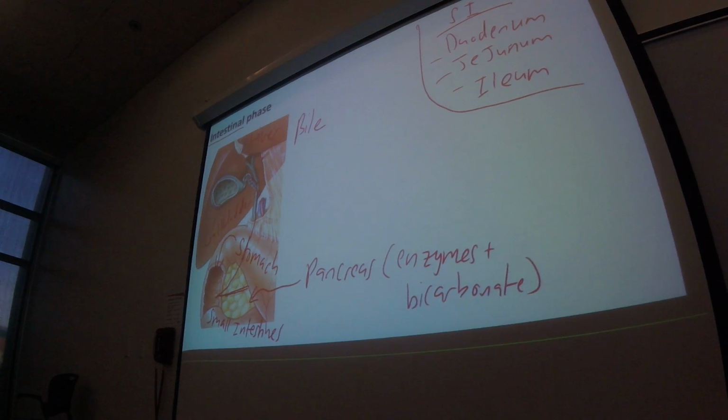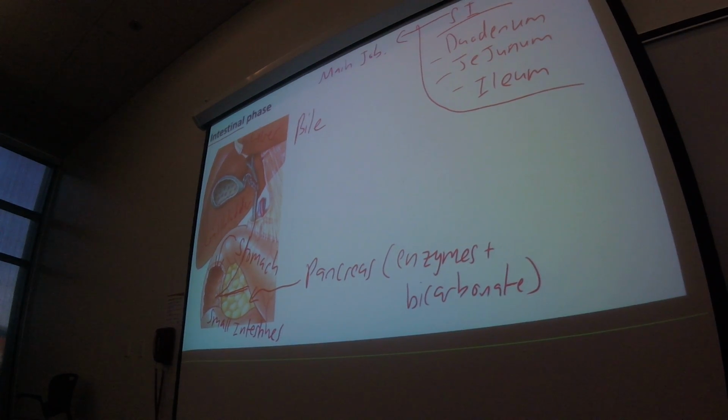And so this part where the stomach meets the small intestines and the enzymes and the bile enter is actually a really important part for control, because this is the part that helps dictate how much of the chyme gets to enter the small intestines, because the small intestine's main job is absorption.